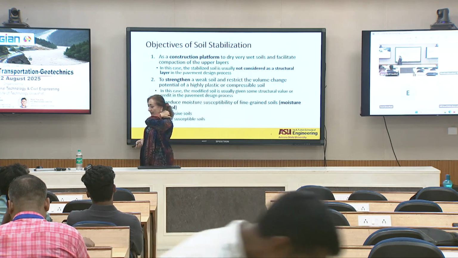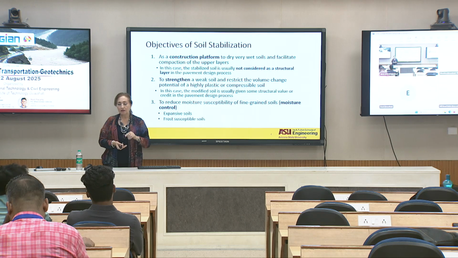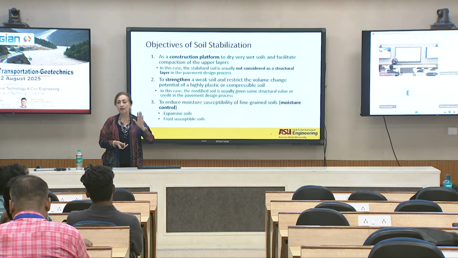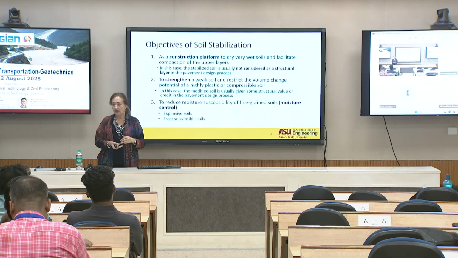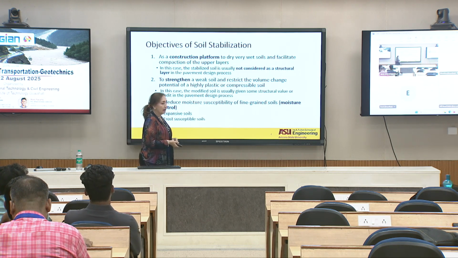In this case, the stabilization is usually not considered as a structural layer. So even if the soil was very nicely stabilized with a chemical stabilizer as a platform under your pavement, it's usually not considered as a pavement layer, even if you gain some strength in there.